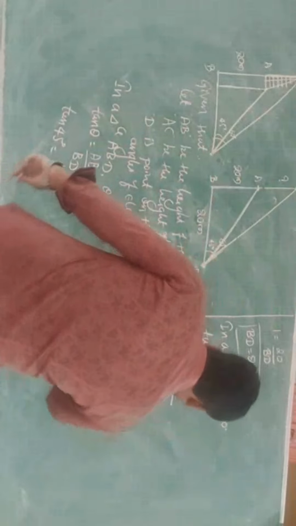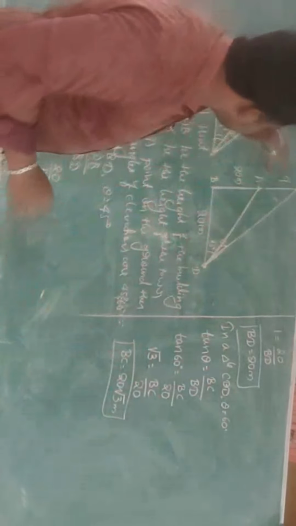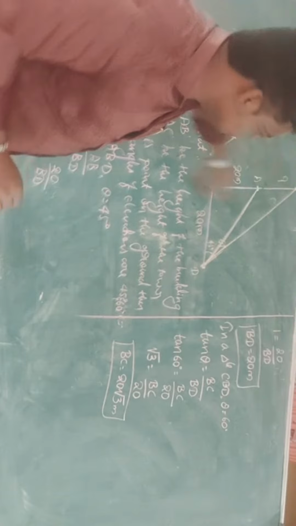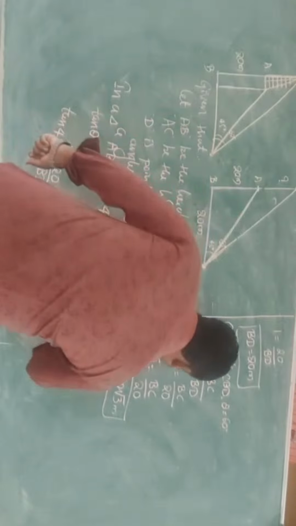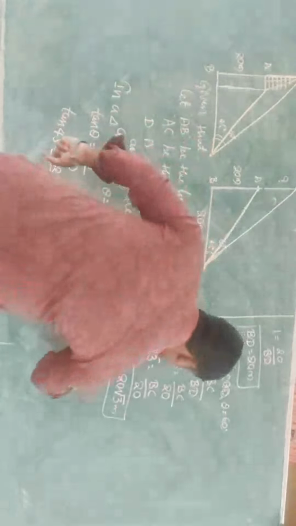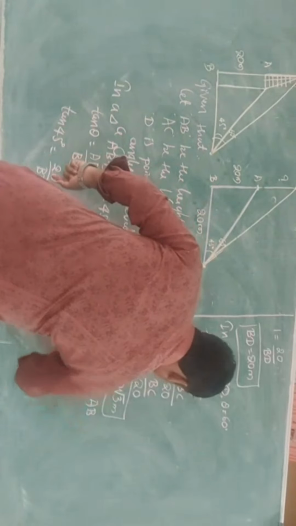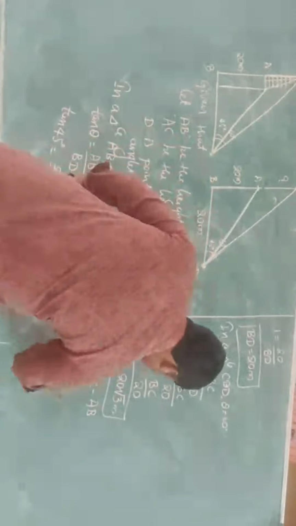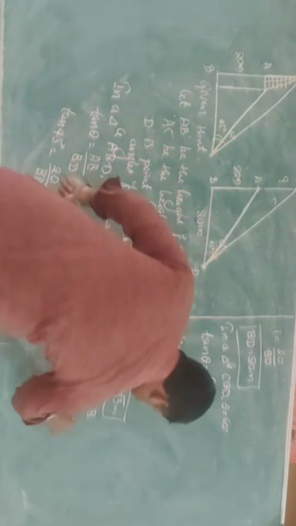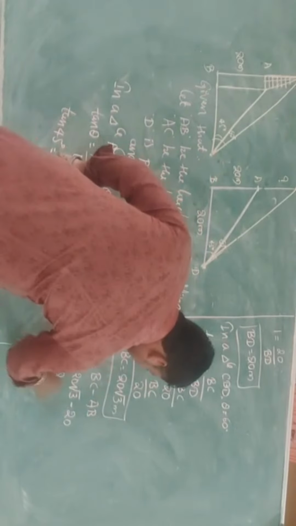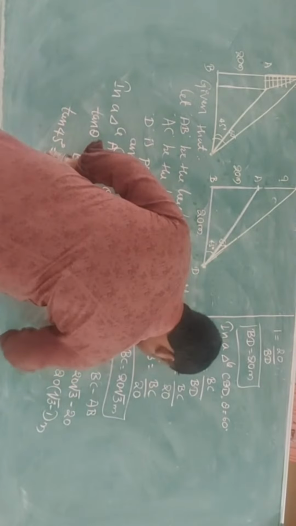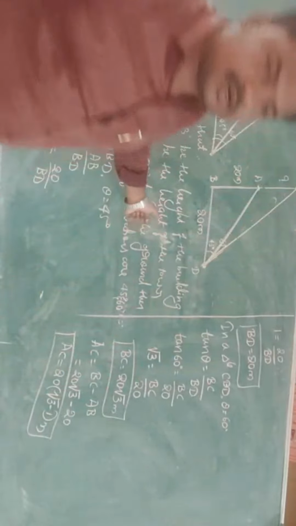But in the question they asked to calculate the height of the transmission tower, that is AC. How to write AC? AC is equal to BC minus AB. So BC is 20 root 3 and AB, the height of the building given in the question, is 20. 20 is common, take it outside. 20 into bracket root 3 minus 1 meter is the height of the transmission tower.